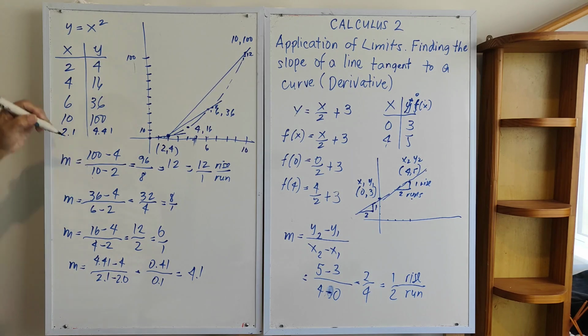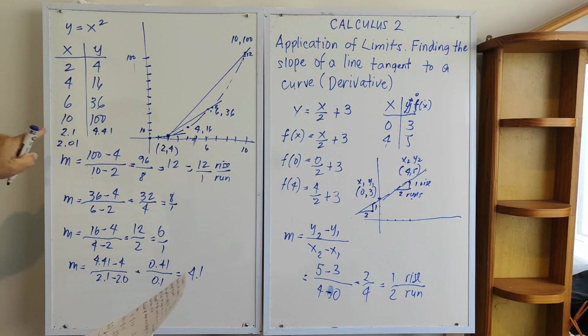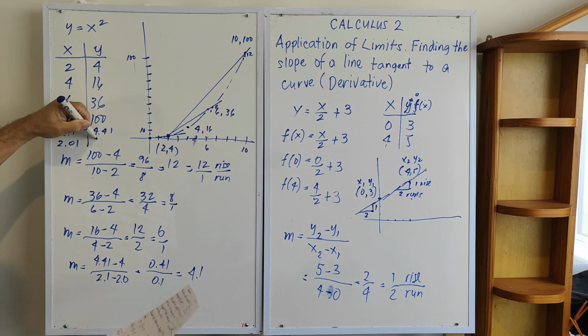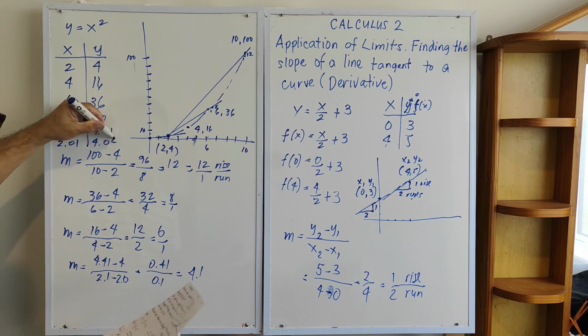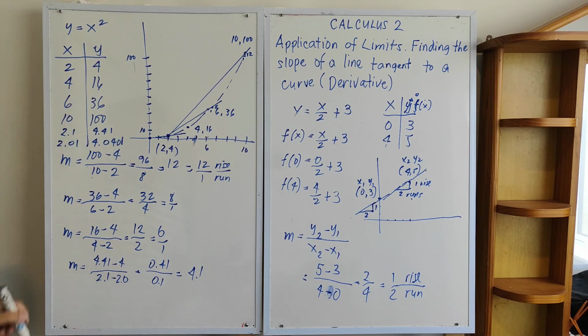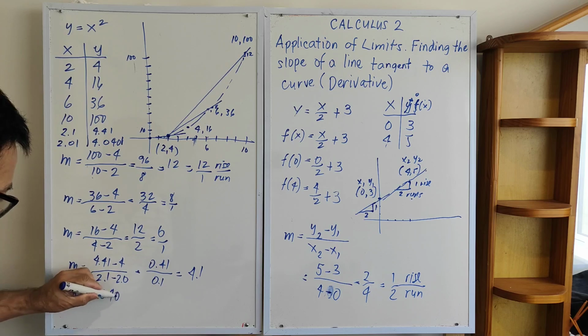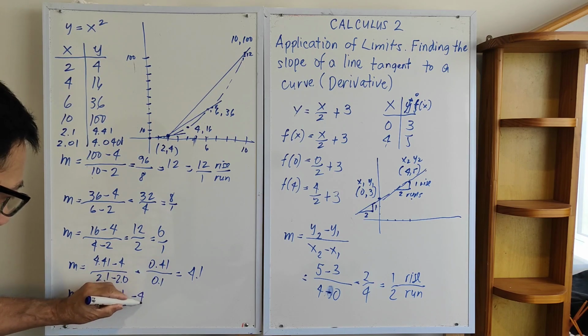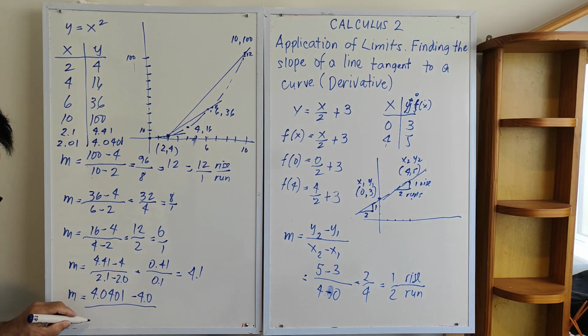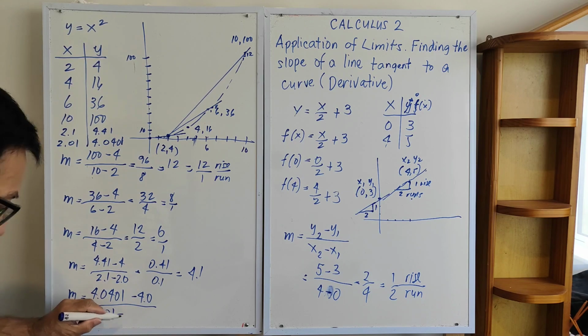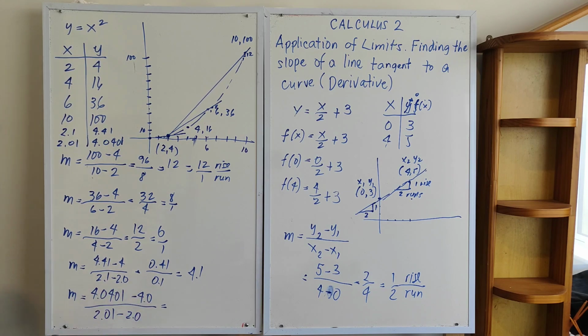Let's make it much closer. So 2.01, this is very, very close to 2. If you square that, your y would be 4.0401. What would be the slope? The slope at that point would be 4.0401 minus 4.0 over 2.01 minus 2.0.